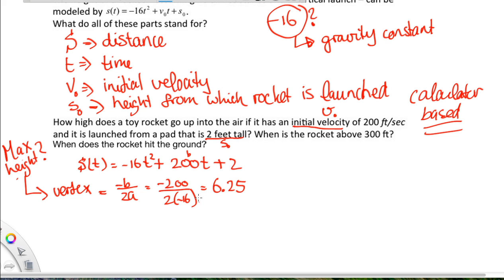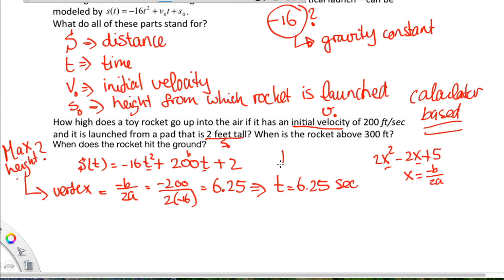And then you figure out what that represents. Usually that gives us the x-coordinate of the vertex when we did this with normal parabolas, with the x being in these two spots. In these two spots, that's t. So the 6.25 is the time it takes to get to the maximum height.